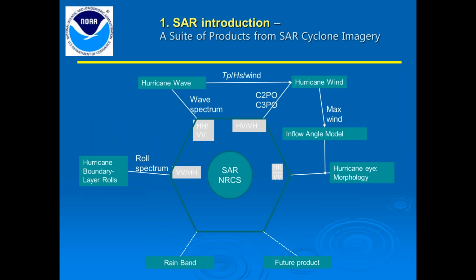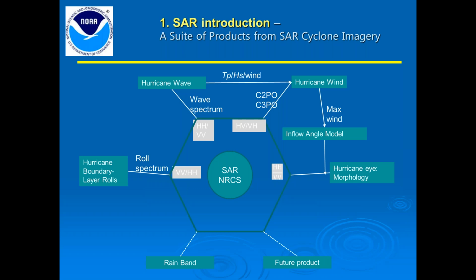Now let's talk about SAR applications in hurricanes. SAR, again, is not affected by clouds and not severely affected by rain, so we can observe the two-dimensional sea surface roughness underneath hurricanes. In this diagram, the center part is SAR NRCS. NRCS is a physical quantity measured by SAR, called normalized radar cross section. It basically tells you how rough the sea surface is.